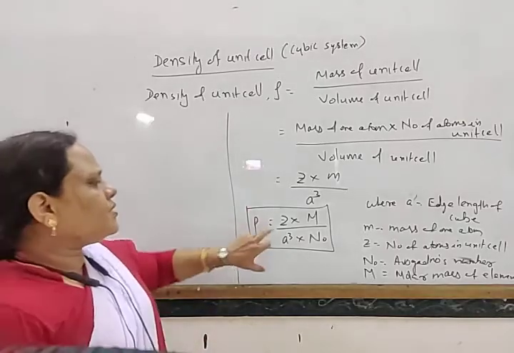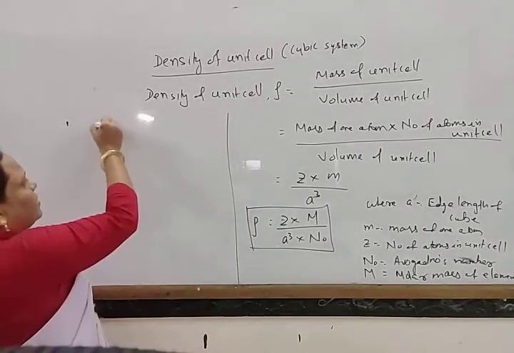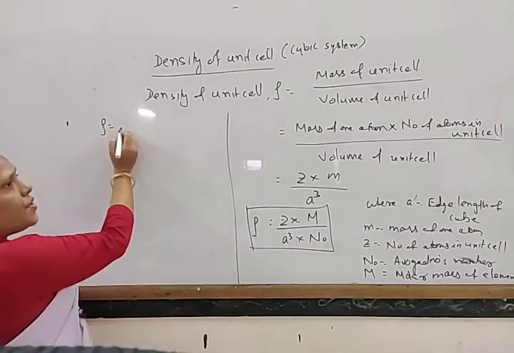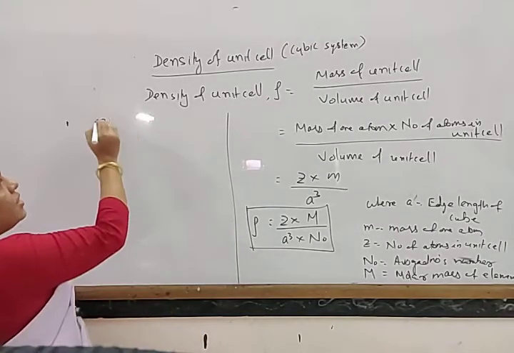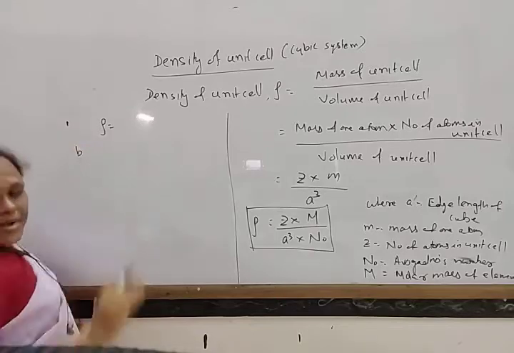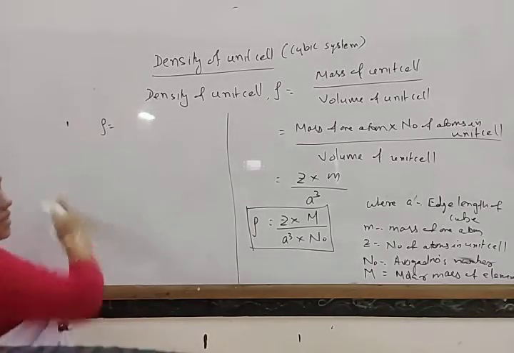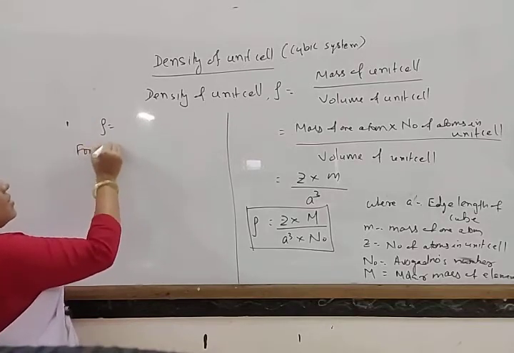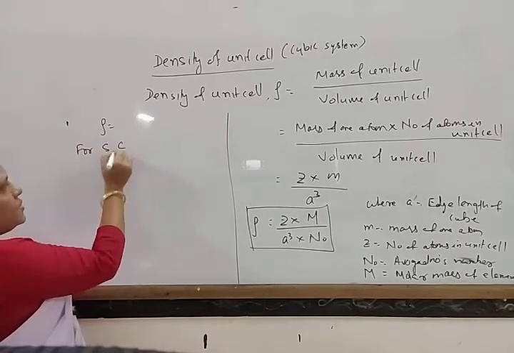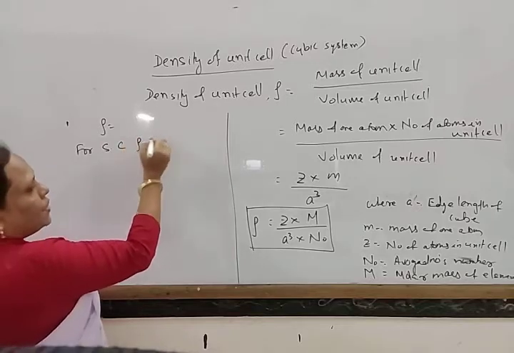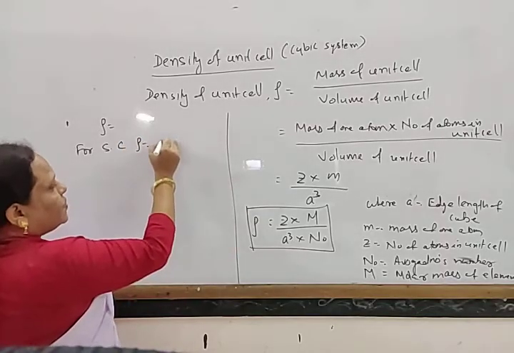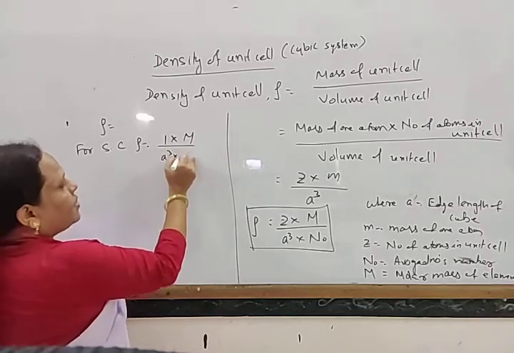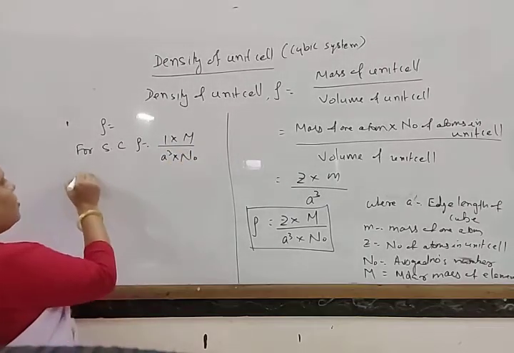So this is the formula, and this rho value for body centered cubic is, for BCC, sorry, first let us consider simple cubic. For simple cubic system, Z equal to 1, so rho equal to 1 into M by a cube into N0.